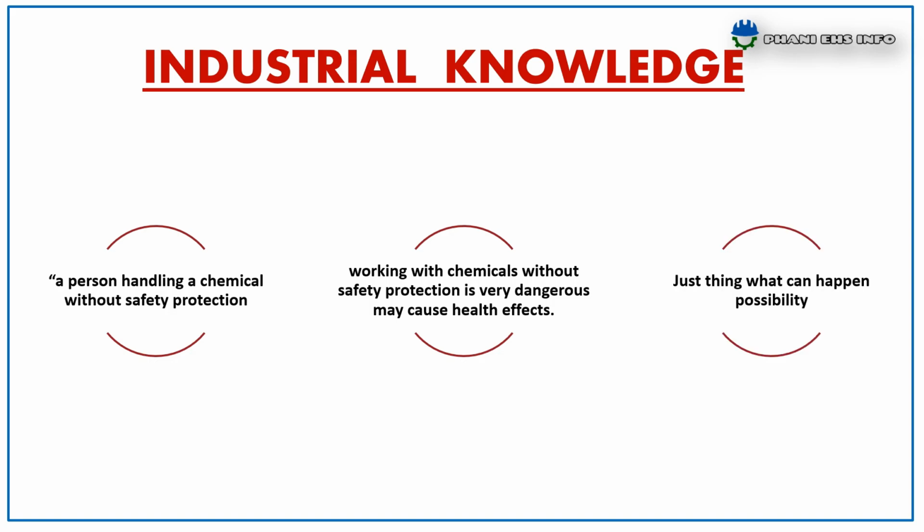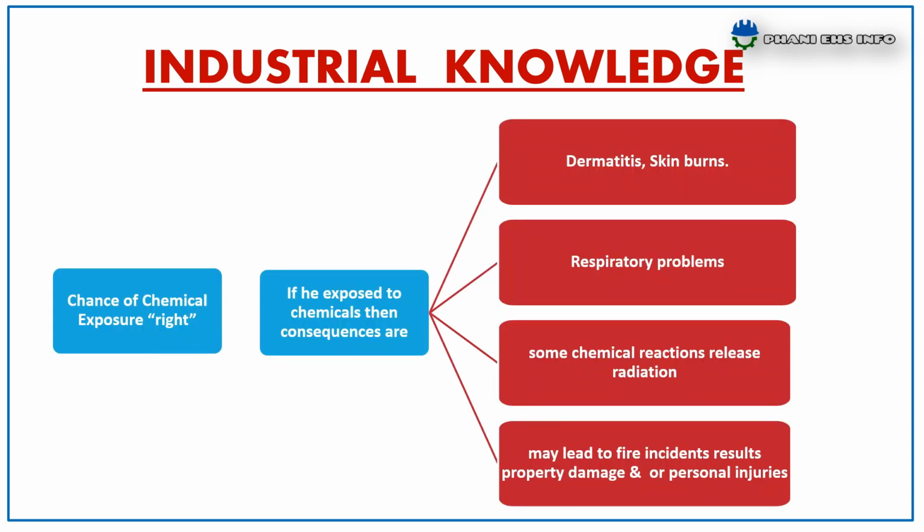Just think what can possibly happen. Chance of exposure, right? If he is exposed to chemicals, then the consequences are dermatitis, skin burns, respiratory problems, and some chemical reactions release radiation, may lead to fire incidents, resulting in property damage or personal injuries.